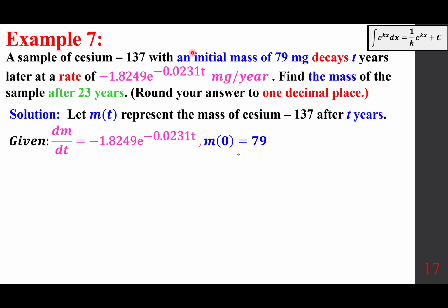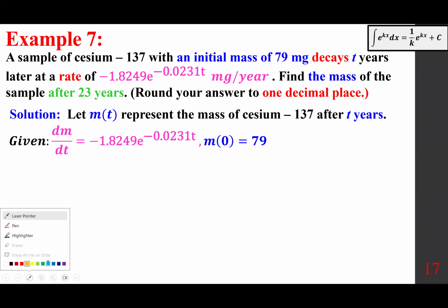In other words, you have an initial value problem, because this, when we go through the process, will give you infinitely many solutions, a family of functions, a general solution, and the initial value will help us find one of those. So if dm/dt is this, what is m of t?